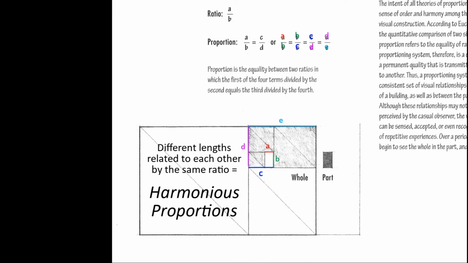Different lengths related to each other by the same ratio, otherwise known as harmonious proportions.